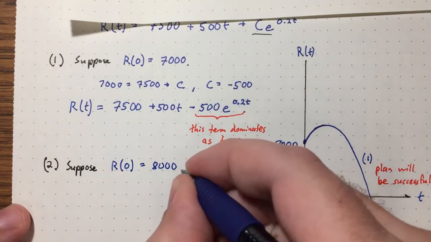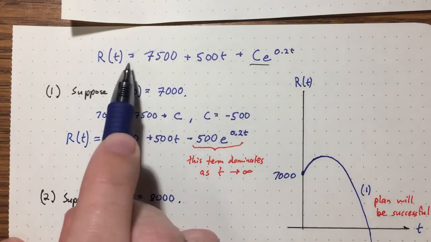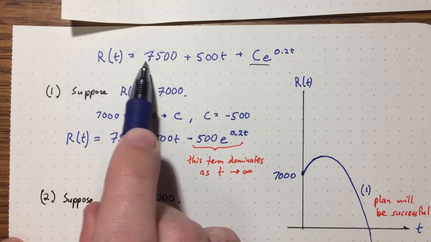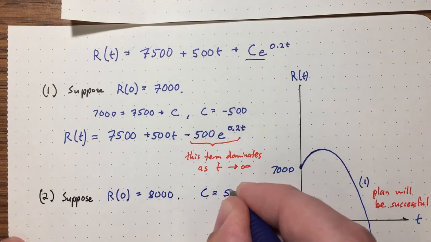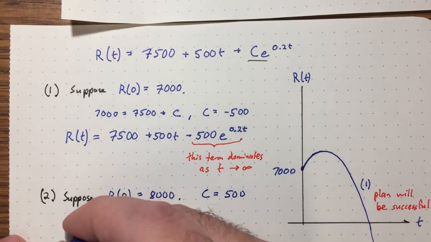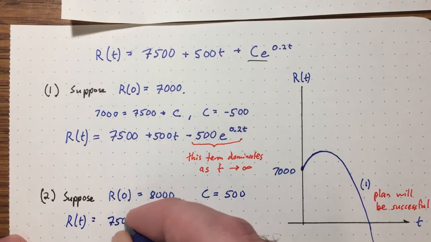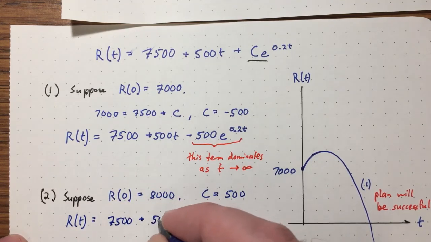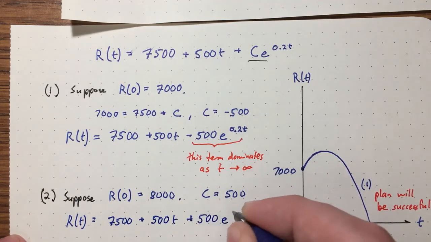Well, what would c be in this case? We have 8,000 equals 7,500 plus c. So c would be positive 500 this time. So let me write that out: 7,500 plus 500t plus 500 e to the 0.2t.